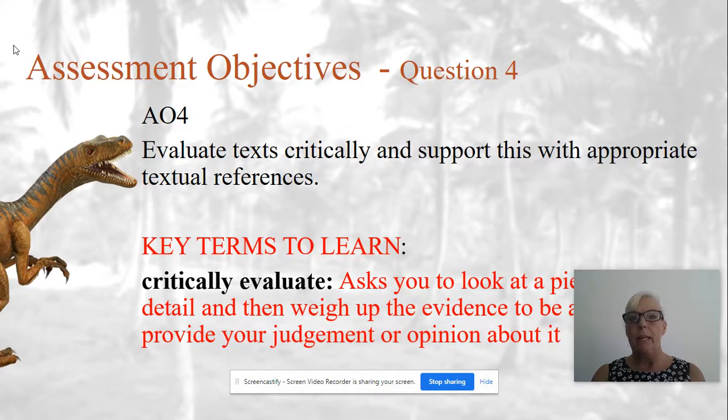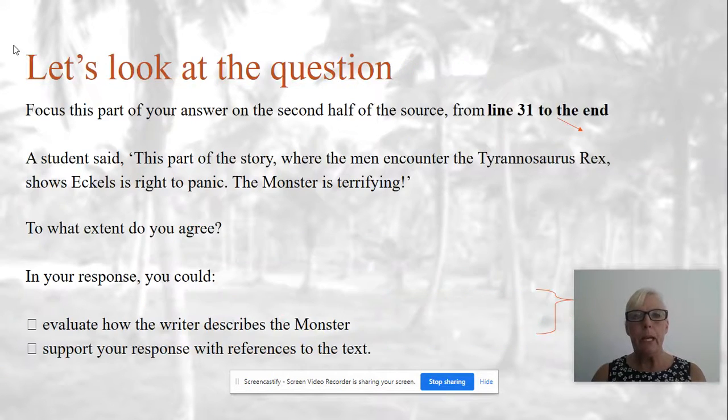So that's what we need to be doing. And we do that, if you remember, by looking at writers' devices that they use to influence readers. So everything that you've been doing in the language analysis question and also the structural device analysis question. Nothing new here.